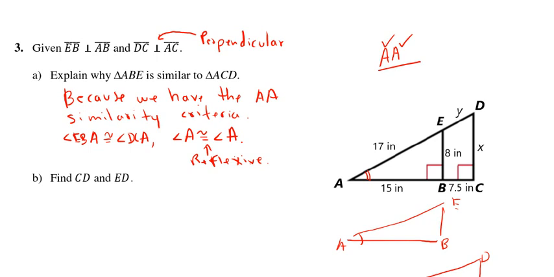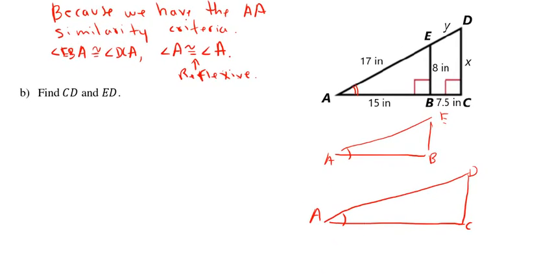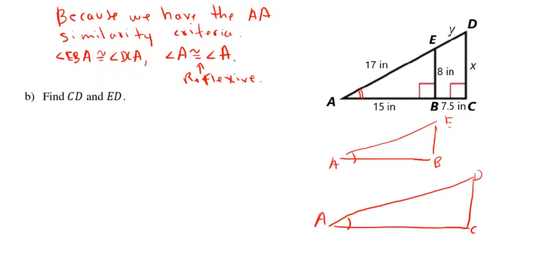And now we need to find the lengths that we're missing, which is the length of CD, which is here, and the length of ED, which is here, the y.